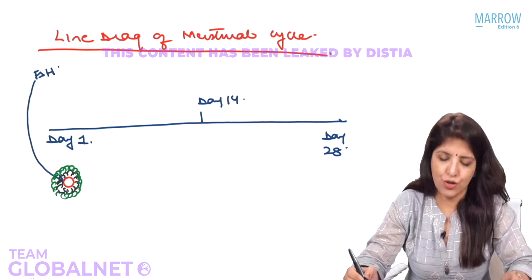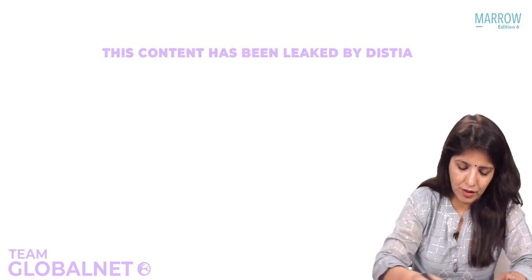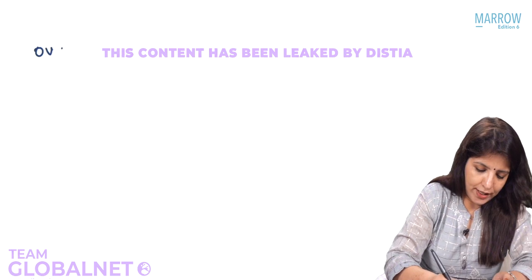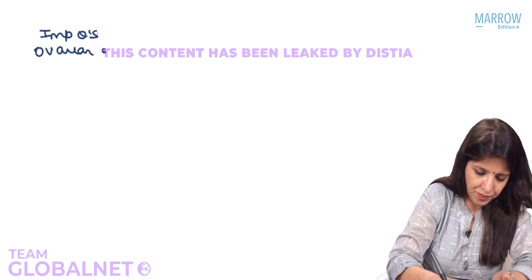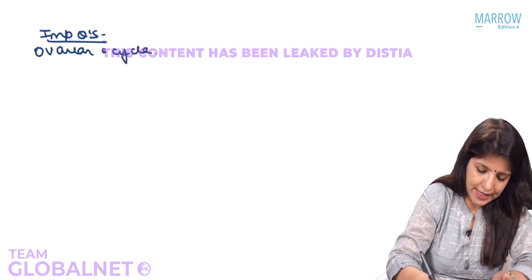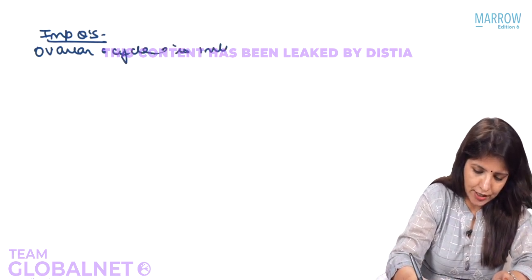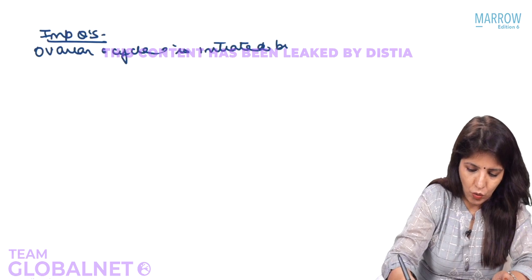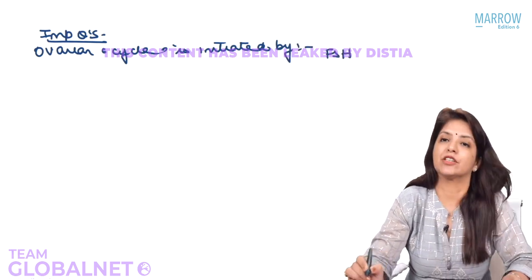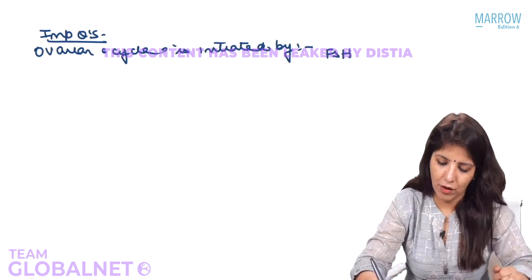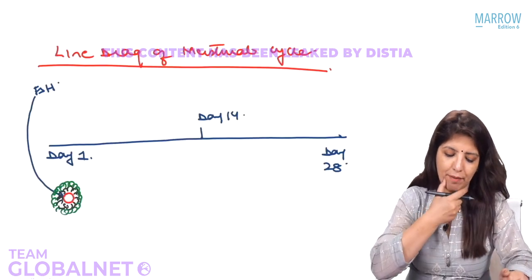So, if I ask you, write down this question. Ovarian cycle, so these are important questions. Ovarian cycle is initiated by the hormone FSH, right? Now what is going to happen?